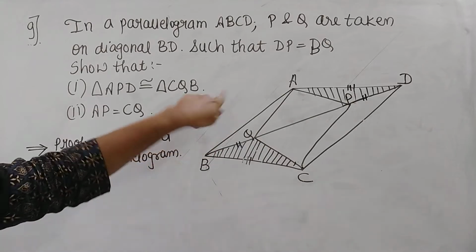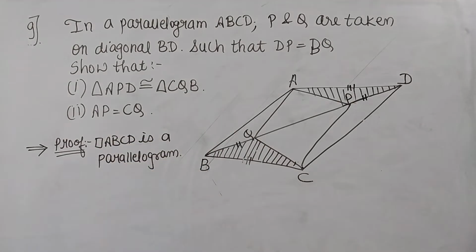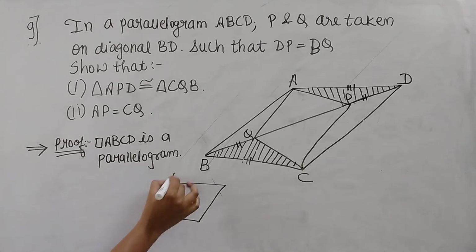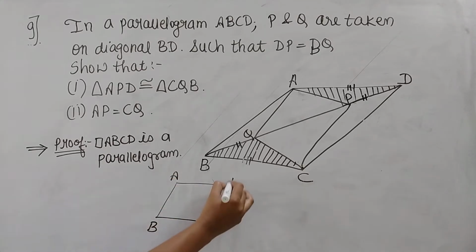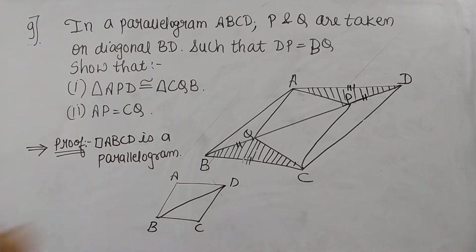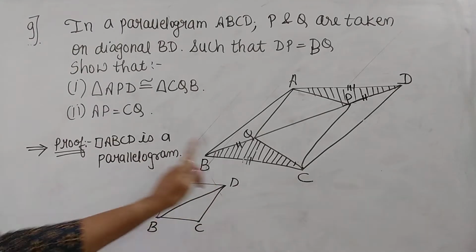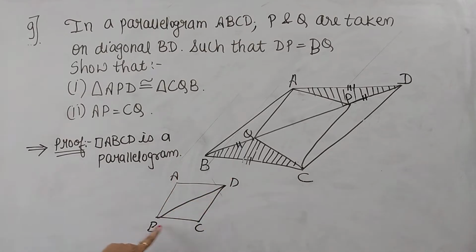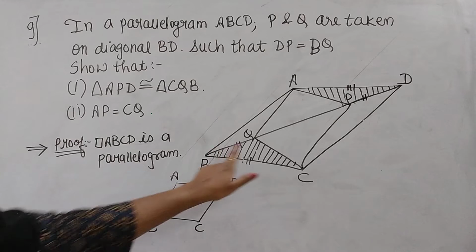Let's draw a separate quadrilateral for getting the third part. Suppose if this is your quadrilateral, that is A, B, C and D, and this BD has been joined. Now you know that in this situation I am having AD parallel BC and AB parallel CD. Name of the triangle is BQC.